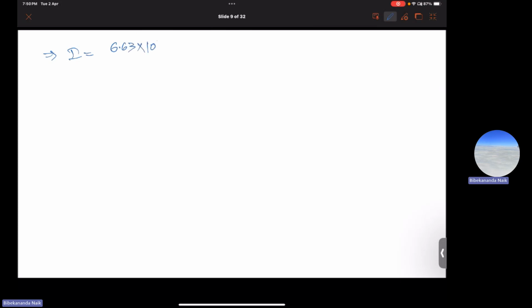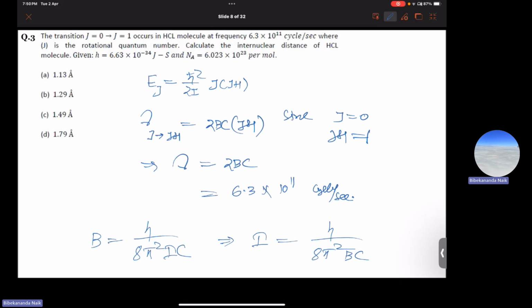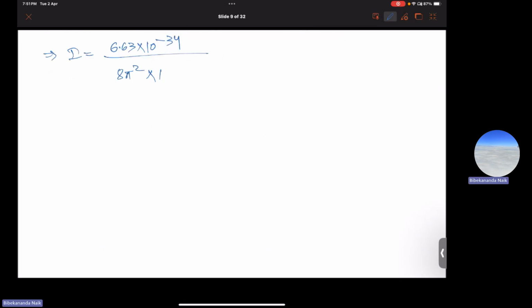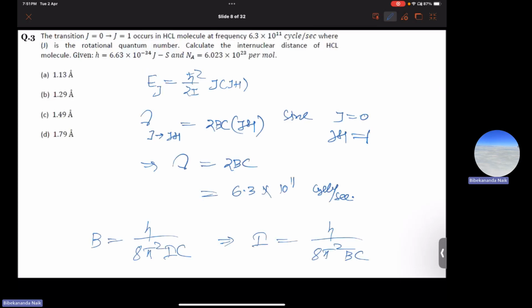So putting the values, I will be 6.63 into 10 to the power minus 34 divided by 8 pi square into 1050, which is the value of B, because we know here 2BC is 6.3 into 10 to the power 11 cycles per second.